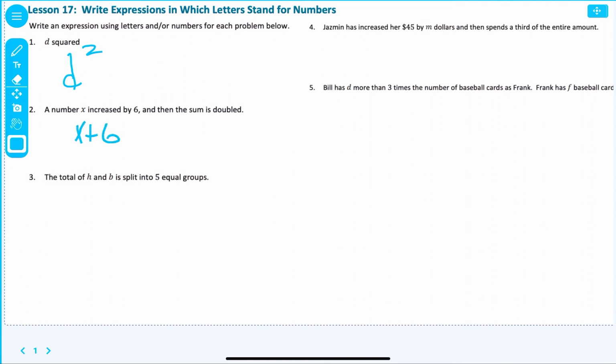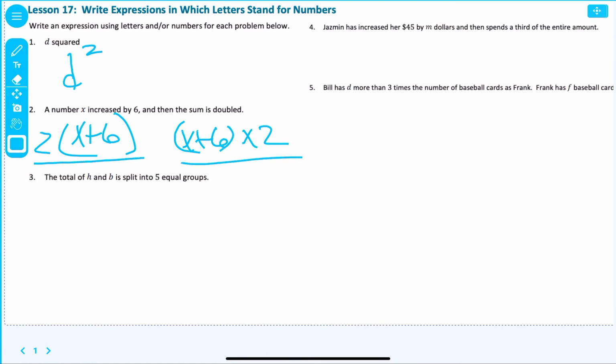Okay, x plus 6, and then what? Yep. If you double something, are you adding times 2? Correct. So we can put this in parentheses and then say times 2. Or you could have said x plus 6 times 2. If you write it like this and this, you do.